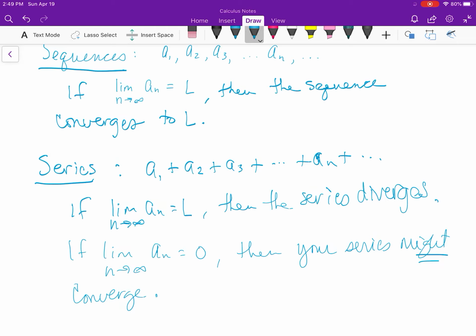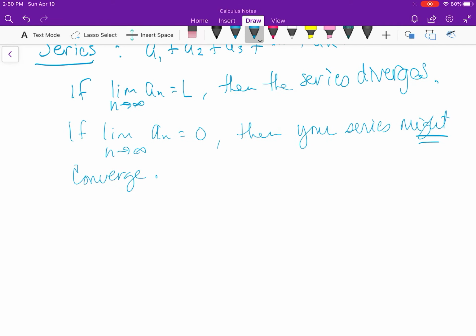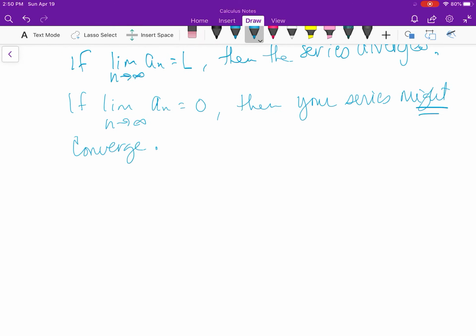So in these early stages, before we have learned more convergence and divergence theorems, this is all we know. If you take the limit of the nth term and get a number, you know it diverges. If it equals 0, it might converge, and you'll have to do some more investigating. That's where we are so far, in a nutshell.